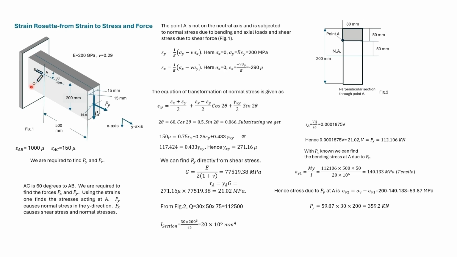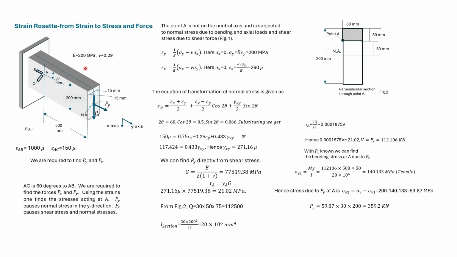So the angle that AC makes with the x direction is 30. So we have 2 theta is 60. Substituting values, we get this equation. We already know epsilon x and epsilon y, so we can find out gamma xy.